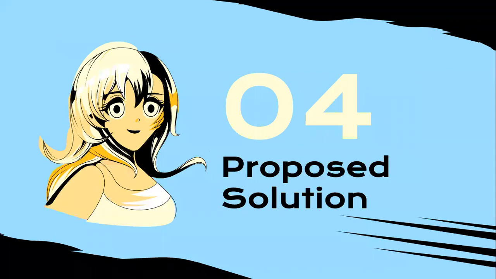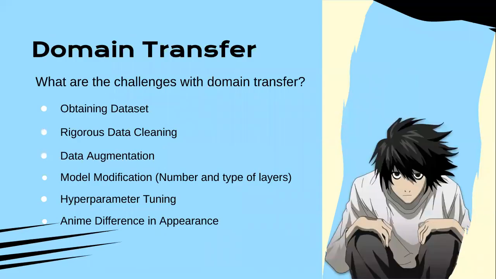Our proposed solution is taking this architecture and applying it to our domain, which is the enemy. So we face some challenges that we would need to tackle in order to reach the solution. First of all, we need to obtain a data set, and we had to scrape for it. And then this data set has a lot of variations, so we needed to have data cleaning in order for the model not to be confused.